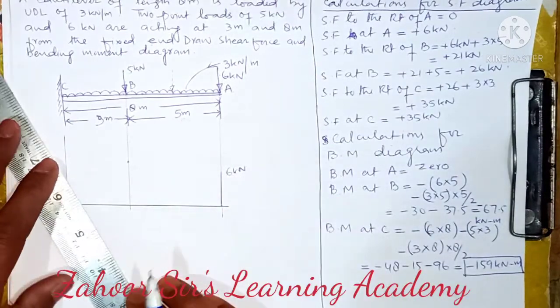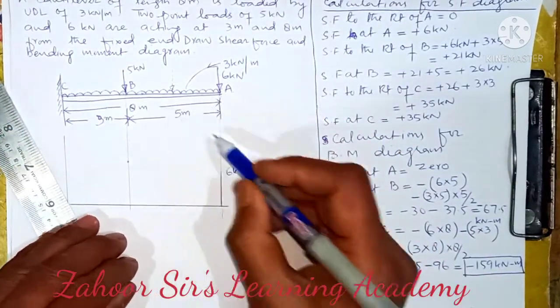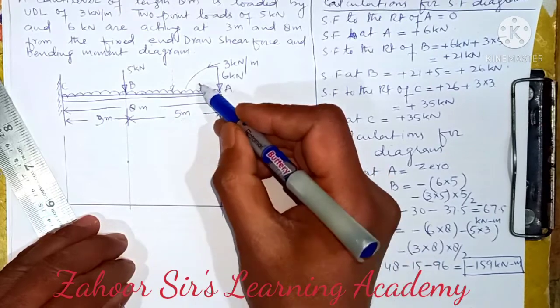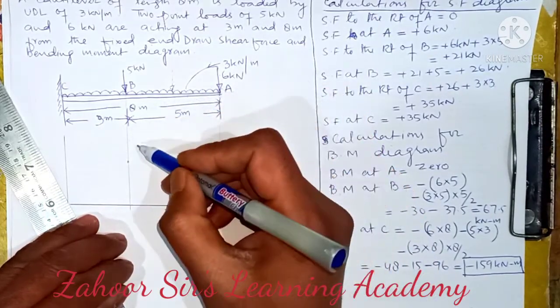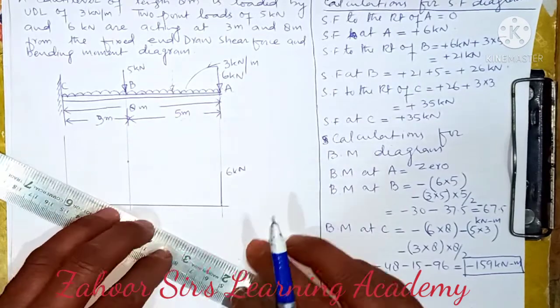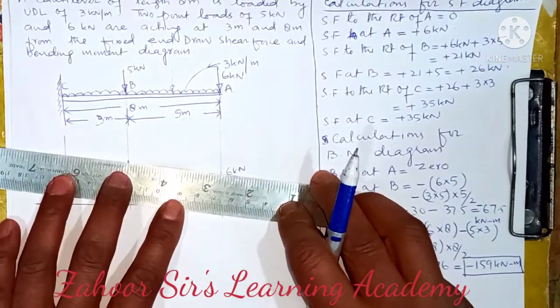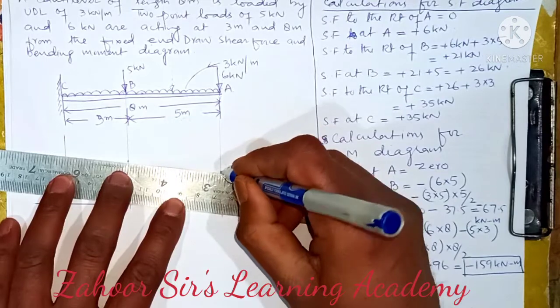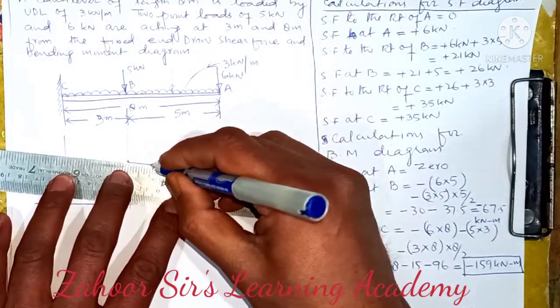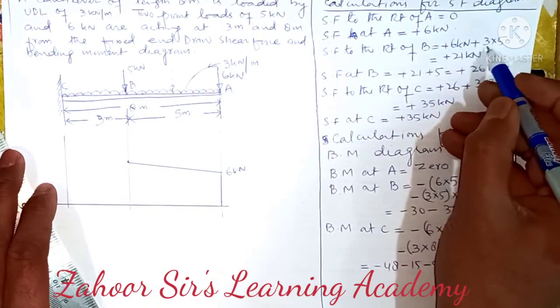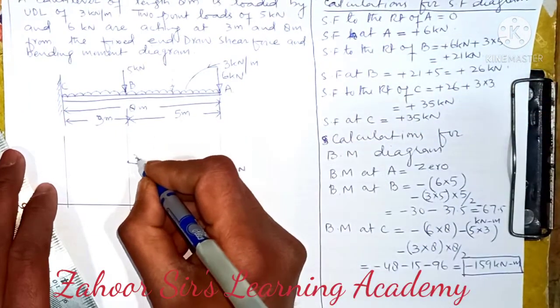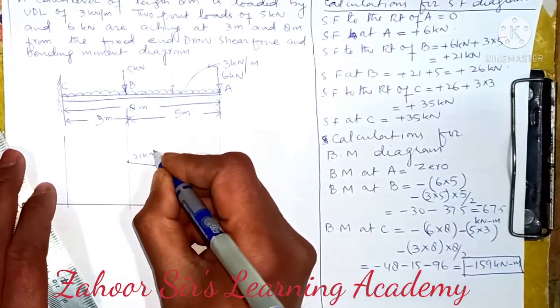So we have to connect these 2 points, because it's a UDL. In case of a UDL, we have to connect these 2 points with an inclined line in the SF diagram. And to the right of B, it was 21 kilonewton.